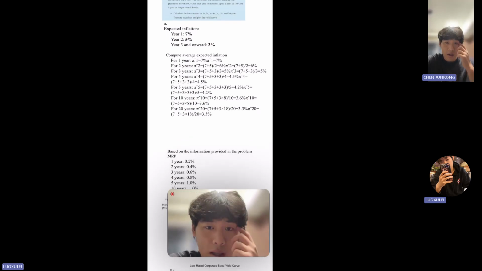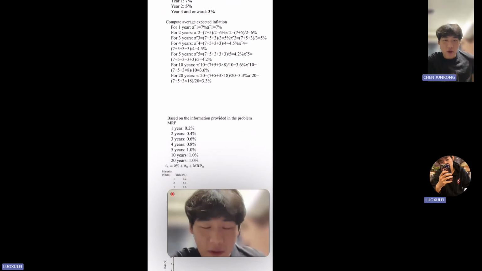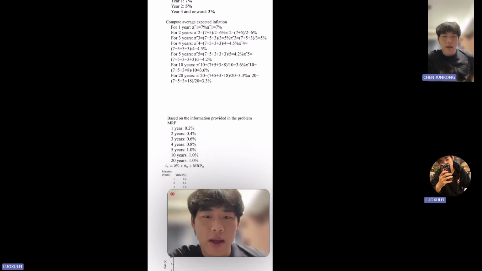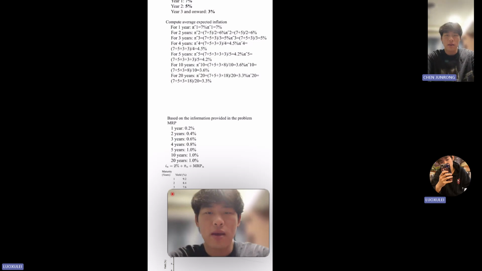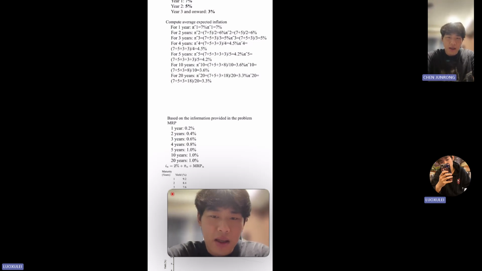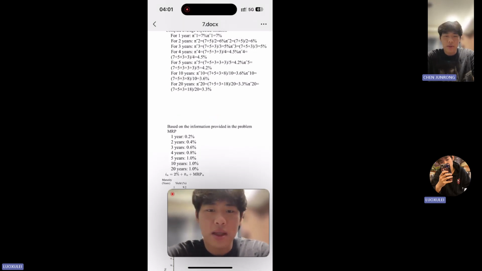Step 1. Calculate average expected inflation. For each maturity, I calculate the average expected inflation over the bond's life. For example, for 1 year, the average inflation is 7%. For 2 years, it is 7% plus 5% divided by 2 equals 6%.